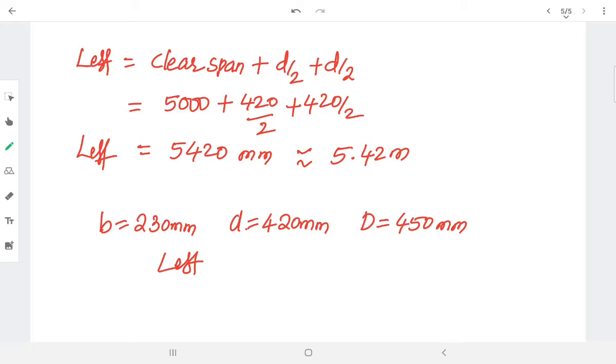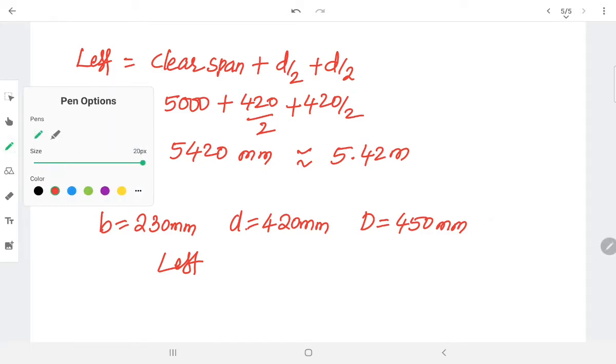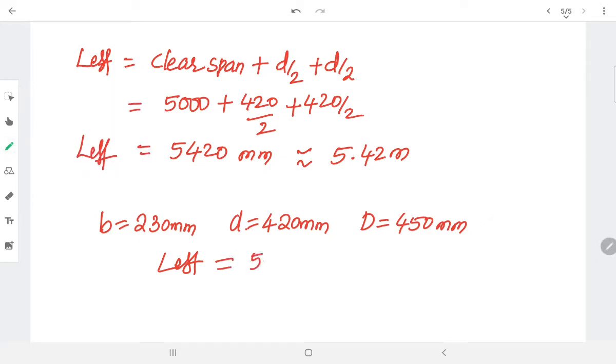So that's why at one location, while calculating, this capital D will be used. And the effective span is equal to 5.42 meter. Okay, these are the dimensions of the beam.